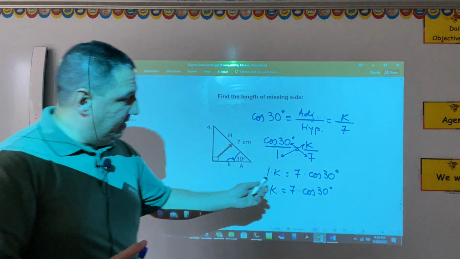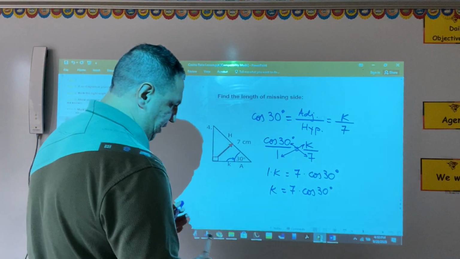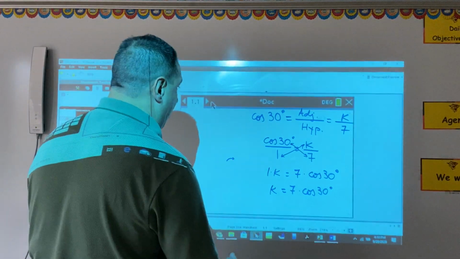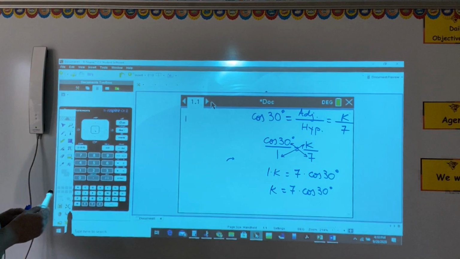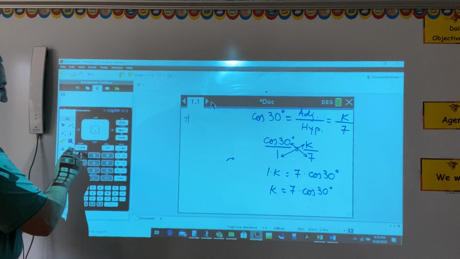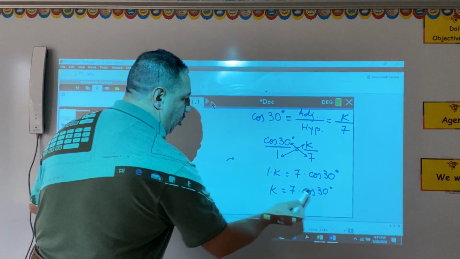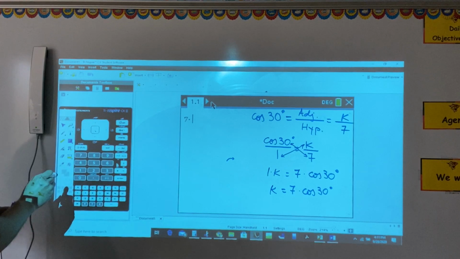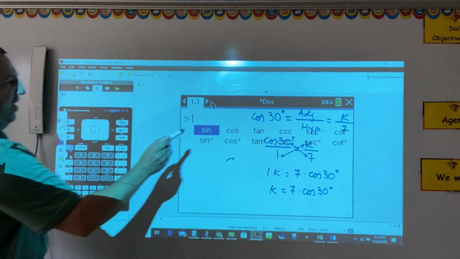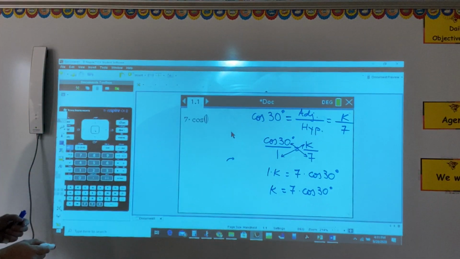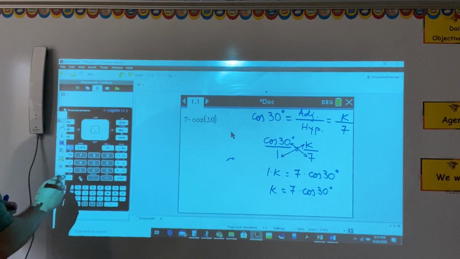Now, let's evaluate this product. So we go here. We press 7 times. Then to access cosine, we press the trig button, and we select cosine, and inside the parentheses, we simply type 30.